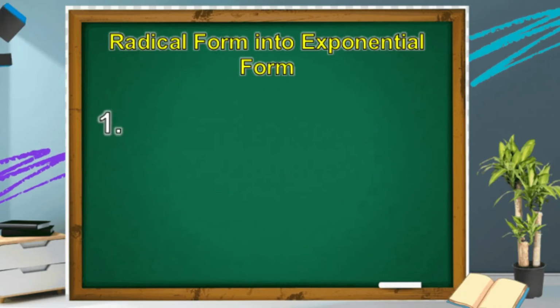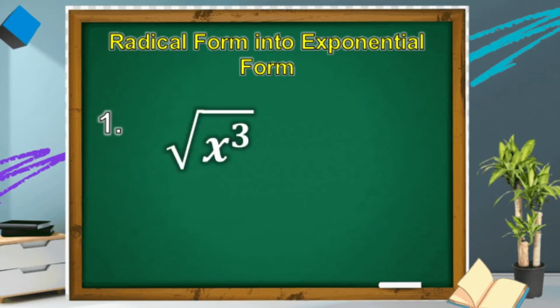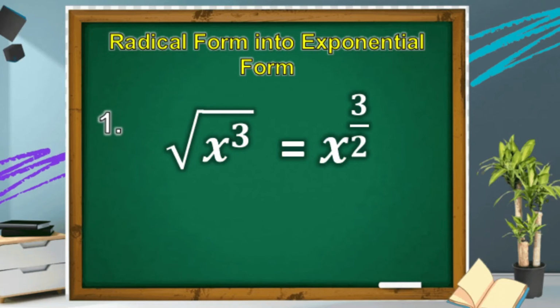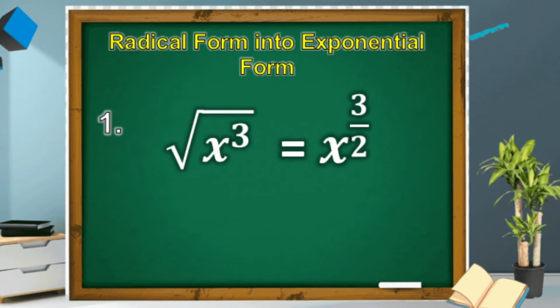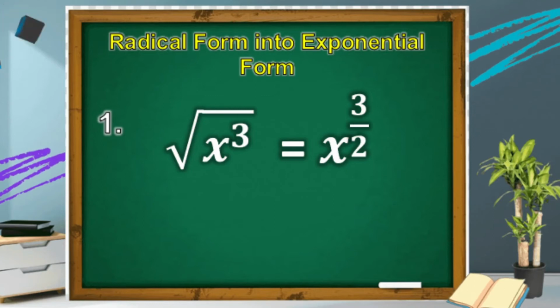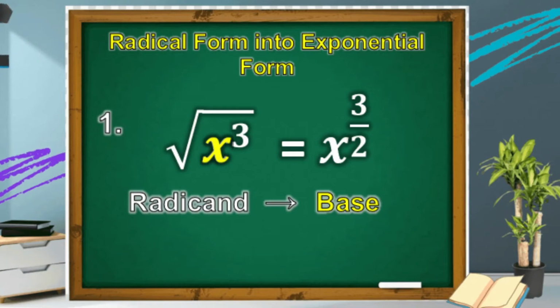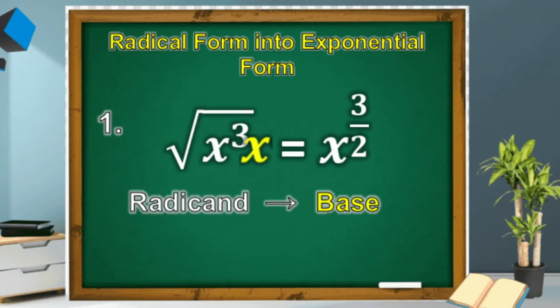Example tayo. So, magre-rewrite tayo ng radical form into exponential form. So, square root of x cubed can be written as exponential form of x raised to 3 halves. Si radicand x is the base.